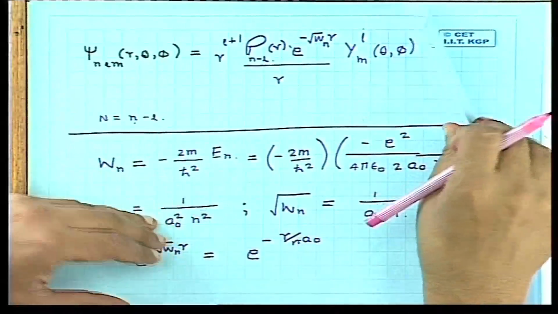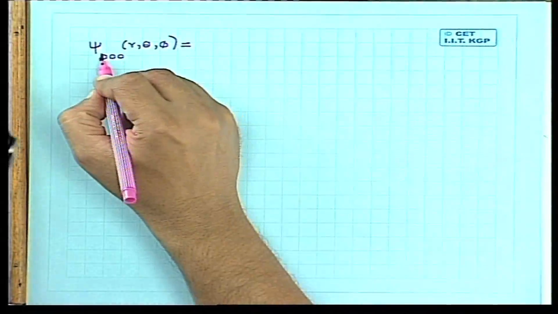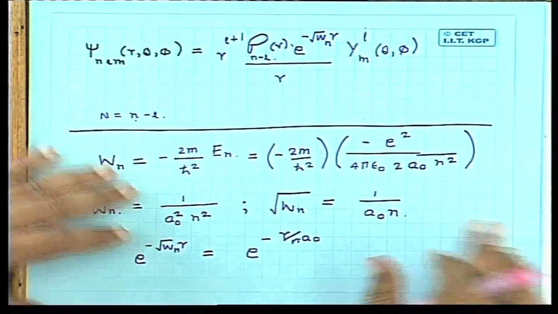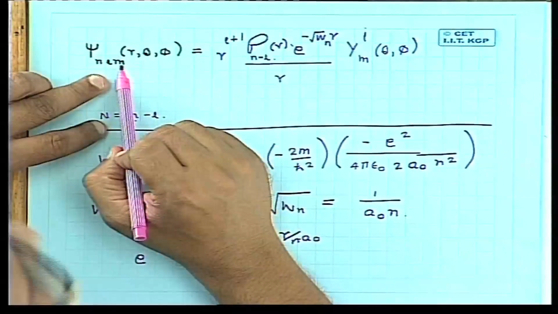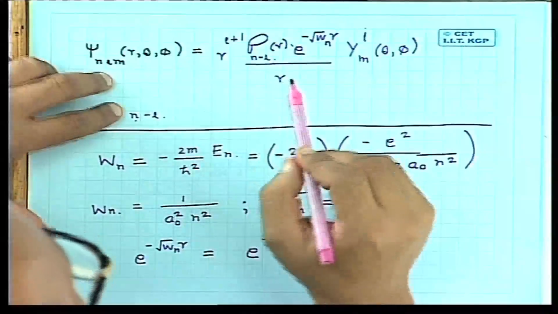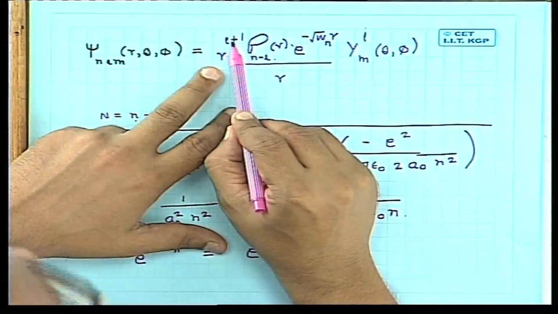Sorry, n cannot be 0, what are we doing? It is 1, 0, 0, right? So this is what we have to calculate, because for n equal to 0 it blows up, it is meaningless. So we are calculating the ground state, which is 1, 0, 0. So here we have r to the power of L, which is 0, r to the power of 1.